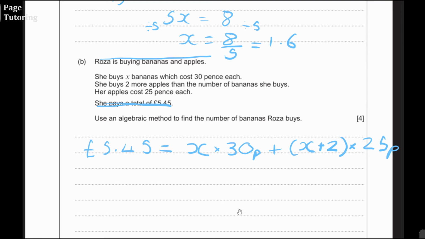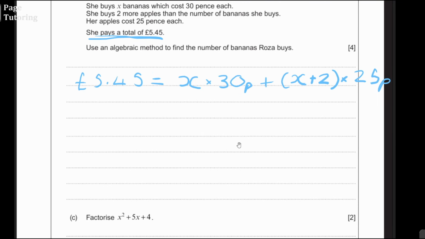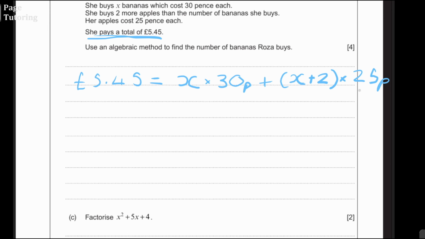So now we've got a nice algebra equation. First of all, let's simplify. We don't want those brackets in. I put them in so I knew I'd multiply correctly, but we don't want them. Also, this isn't written in algebraic form, because if you had 30 times x, or x times 30, we'd actually write it as 30x.